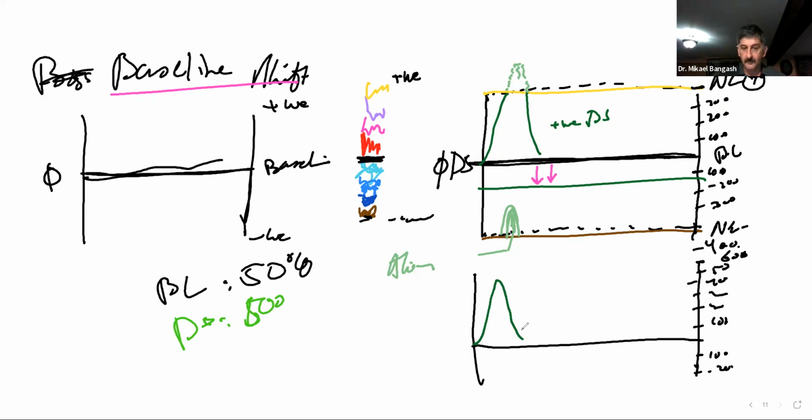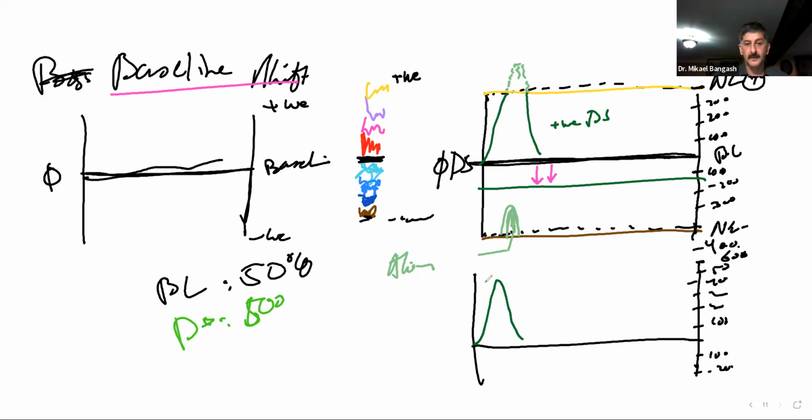But we just moved the baseline down, so that now I was able to measure up to 600 on the positive side and just 200 on the negative side. We didn't really need that much on the negative side because our main issue was a high positive Doppler shift.